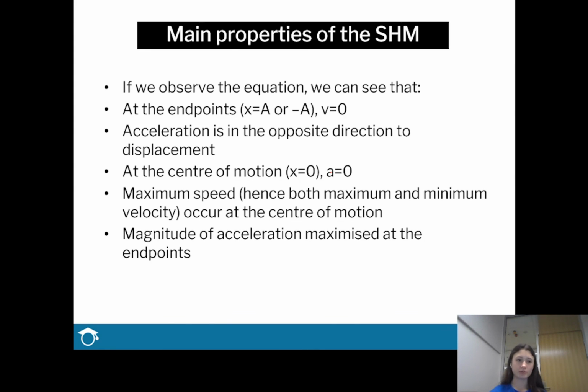If you just think intuitively about a pendulum, it's going to get slower and slower as it reaches the end point, and then faster and faster as it reaches the center. The magnitude of the acceleration is maximized at the end points, because at the end points, that's when the velocity is changing the most.